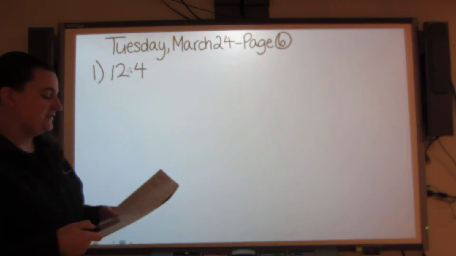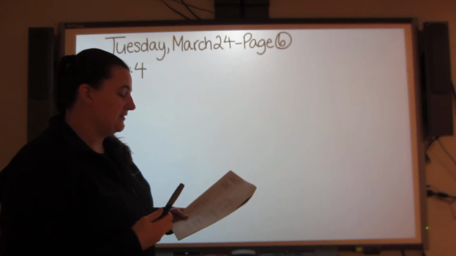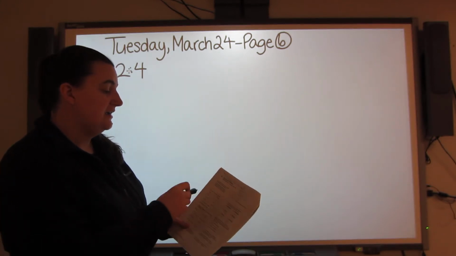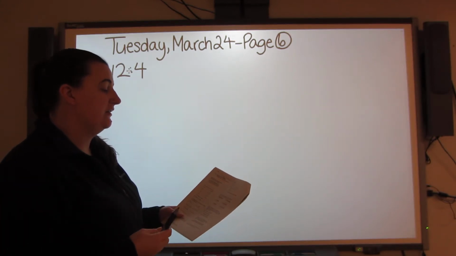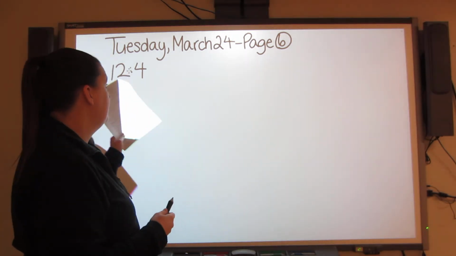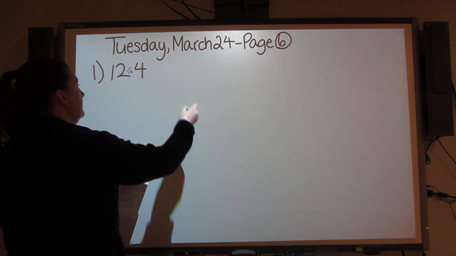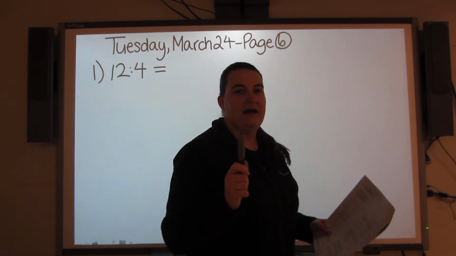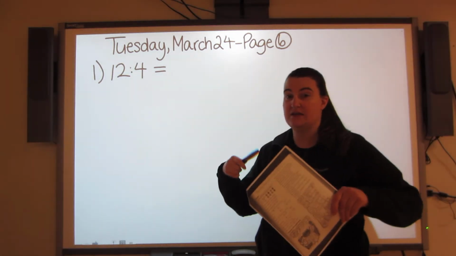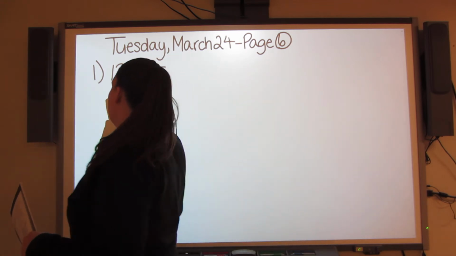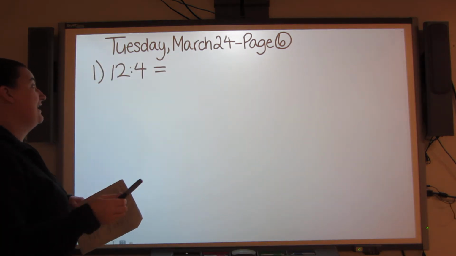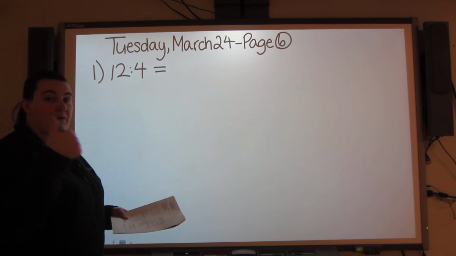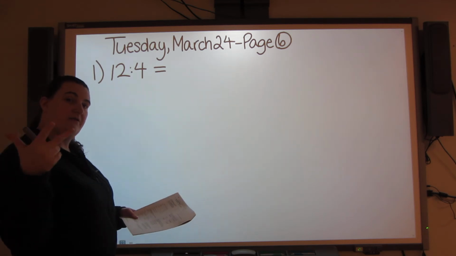And the instructions on those questions, all the way from 1 to 10, is to write each ratio in lowest terms. So you leave it written as a ratio, you put an equal sign, and then you figure out what's a number I can divide into both 4 and 12 to make it smaller. So you look at the 12, you look at the 4, and you think, right, I can divide 4 by 1, 2, and 4.